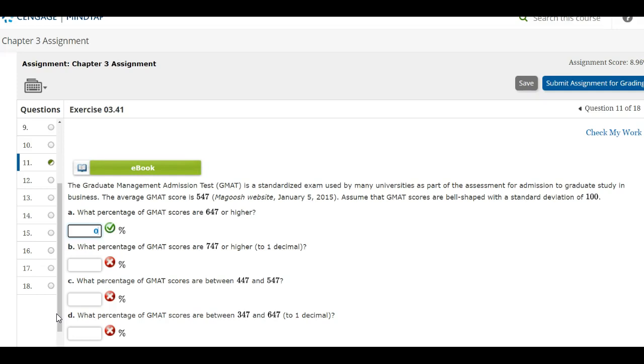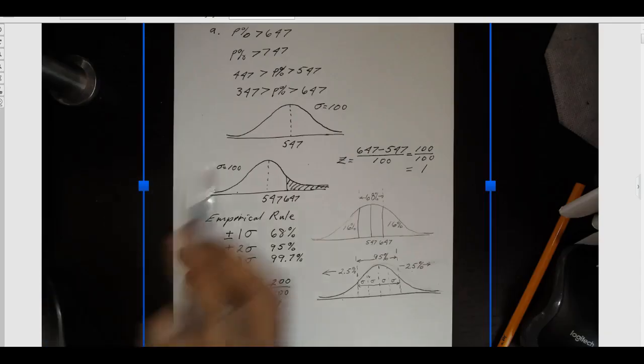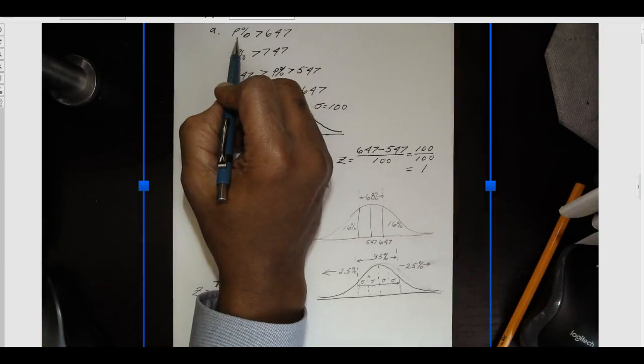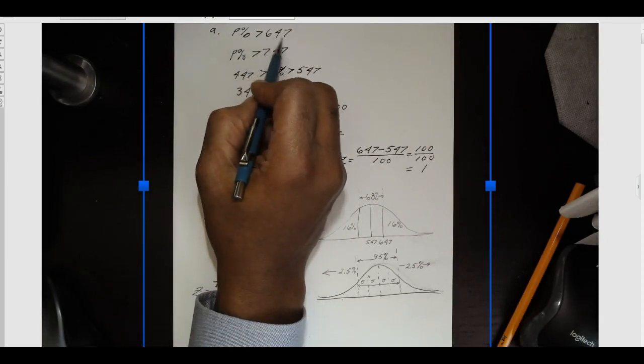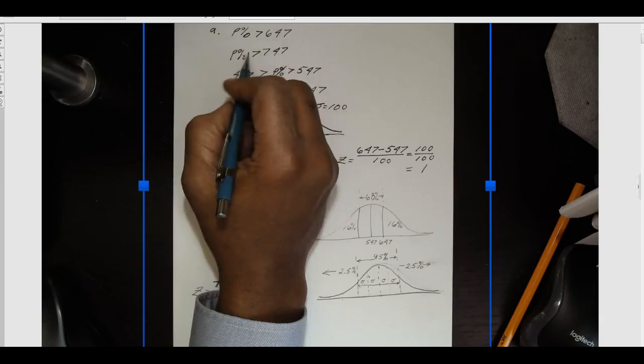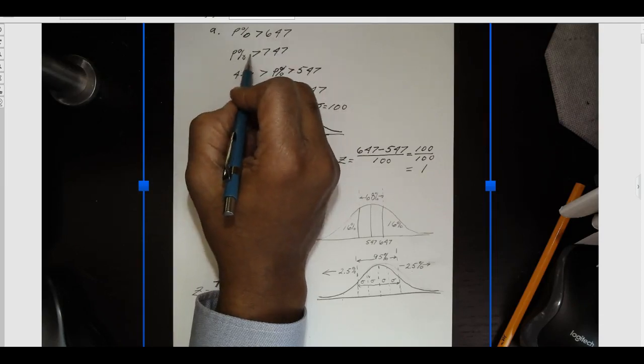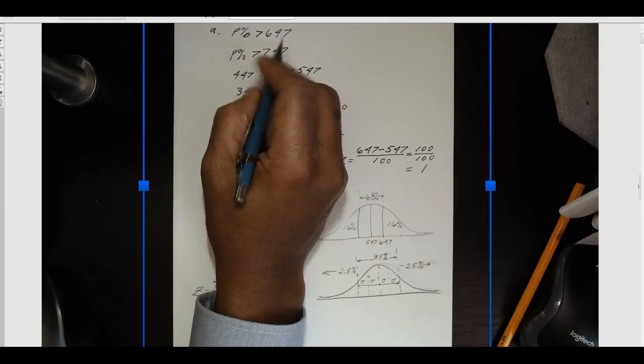So you can use the z-score calculation to solve this problem. And this is really a test of whether or not you understand the empirical rule. Let me demonstrate. In the first problem, they want to know what percentage of the values are higher than 647. The next problem, they want to know what percentage is greater than 747.